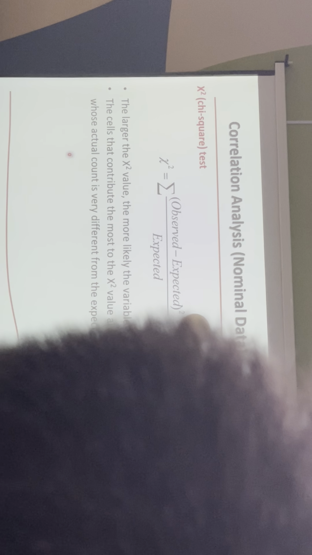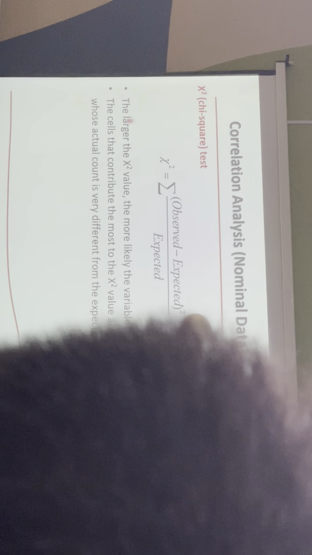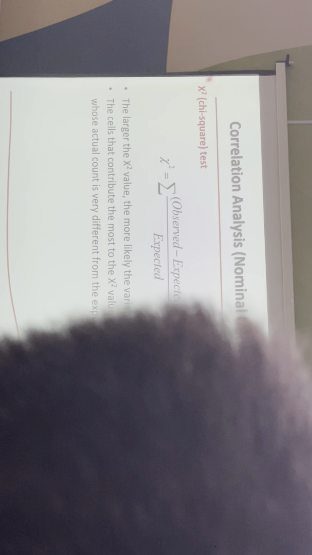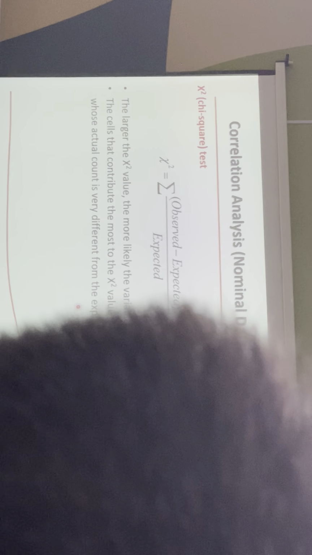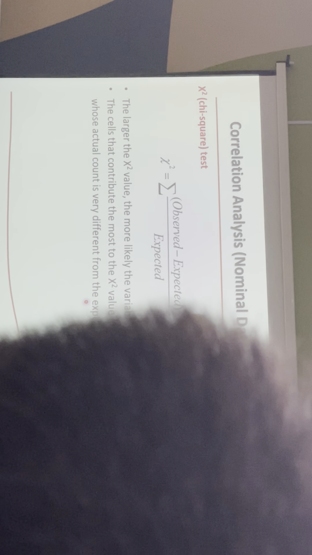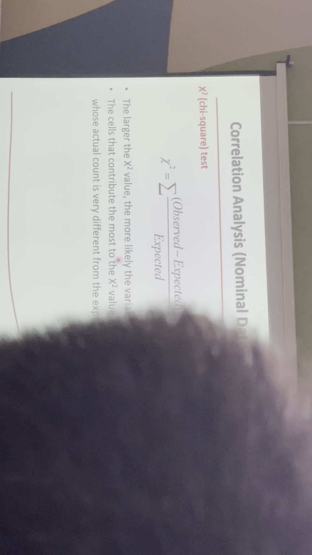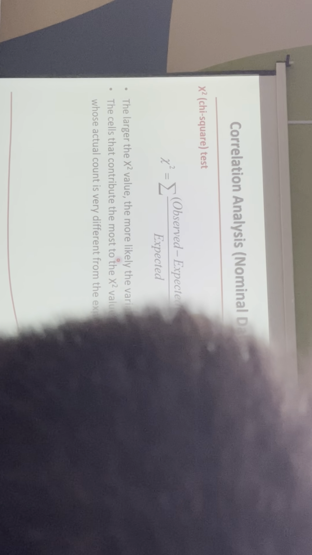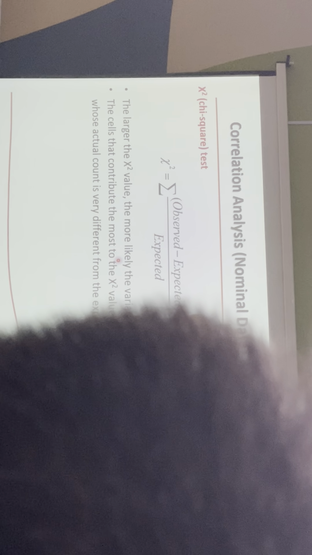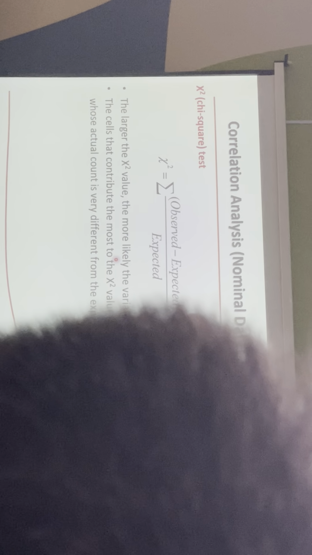The explanation for your chi-square value is that if you get a higher value of chi-square, that means your variables are related to each other. If you want to compare two variables, the relationship is either strong or not. If the value is higher, then it is strong, and they are dependent on each other.